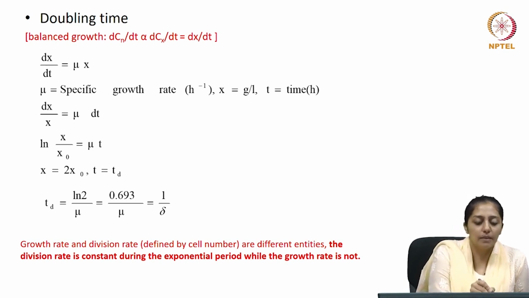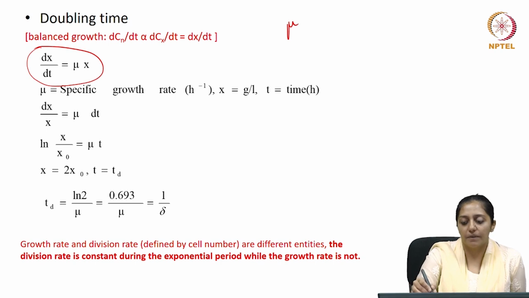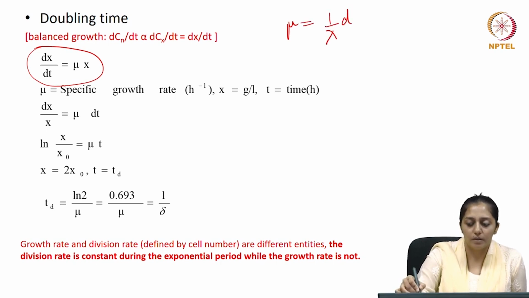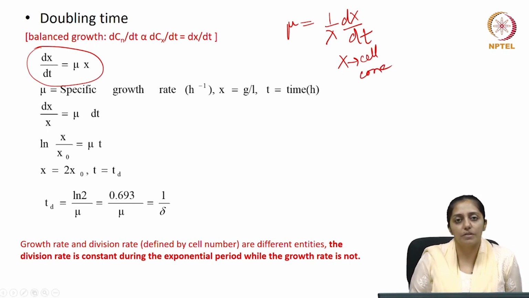I have told you earlier dx by dt is equal to mu x. Mu stands for your specific growth rate, so it has been normalized with respect to the biomass concentration. Here x stands for cell concentration or biomass concentration.